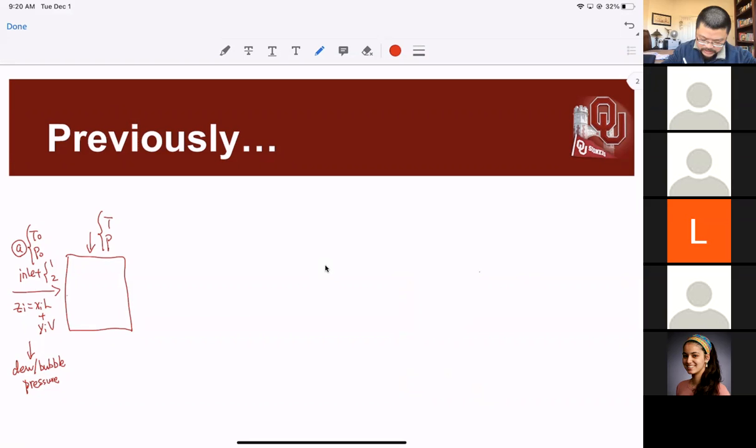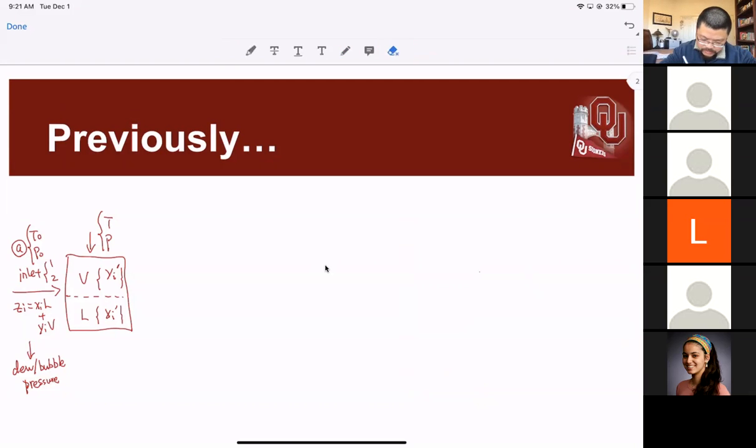So in the end, we are going to have the final vapor and final liquid. And we want to see what would be the yi prime. Prime means it's actually changing from the inlet. For the liquid, we want to see the xi prime. Right. So that is the general problem setup for the previous discussion, especially for the vapor liquid equilibrium.